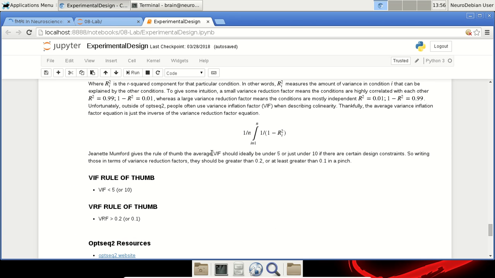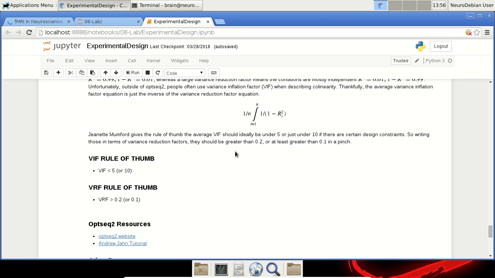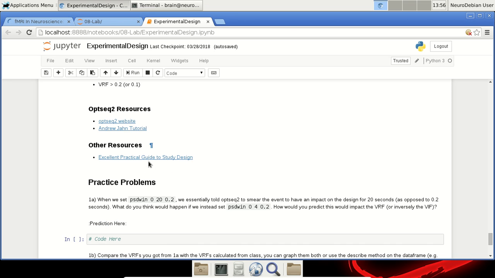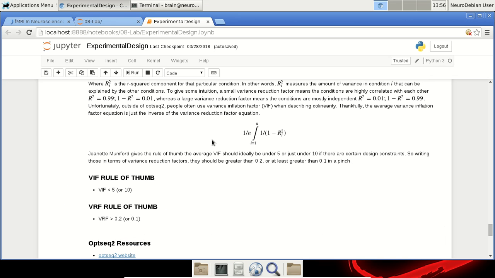And then how that is very closely related to efficiency, but not quite, because again, efficiency is just worried about the amount of variance that our signal or our conditions can evoke. So we can imagine a scenario where we had low collinearity, but perhaps low efficiency.